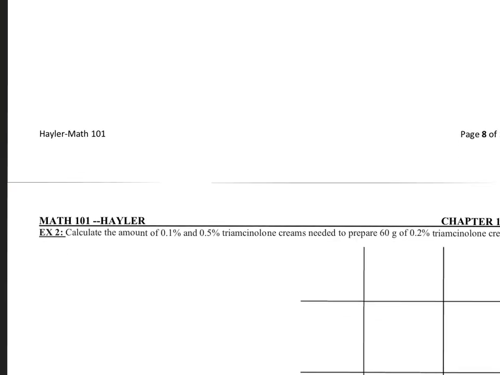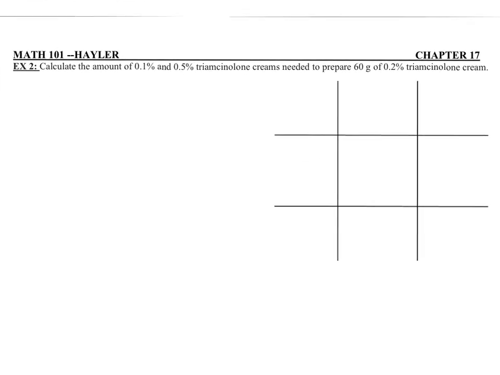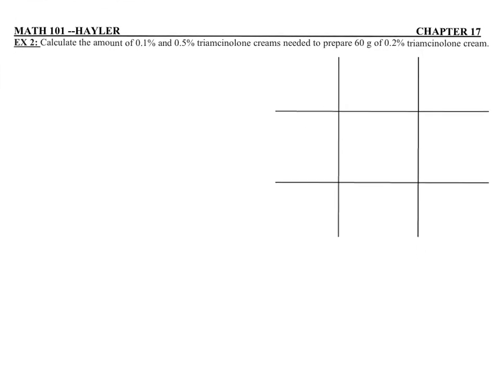Okay, let's take a look at the next example. Example 2. Calculate the amount of 0.1% and 0.5% triamcinolone cream needed to prepare 60 grams of the 0.2% cream. First thing I note here is that we're putting this into a cream, so I know we're going to have to do that subtraction later on. We're not just putting it into water.